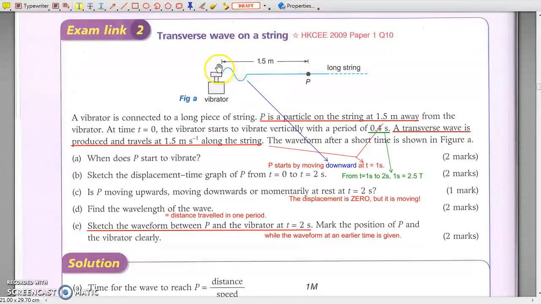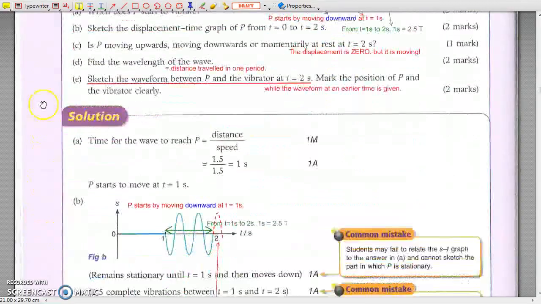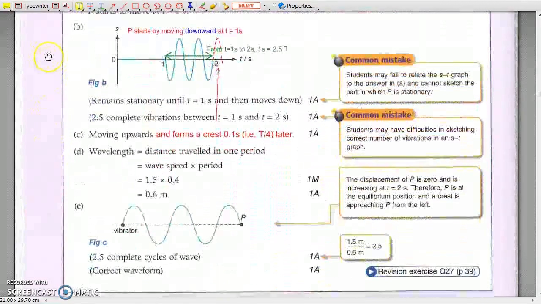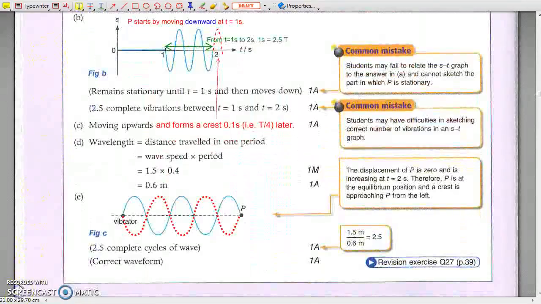In fact, 1.5 meters equal to 1.5 wavelengths. And so the waveform at t equals 1 second looks like this when the wave first arrives at P. Then at t equals 2 seconds, which is 2.5 periods later, it looks like this.